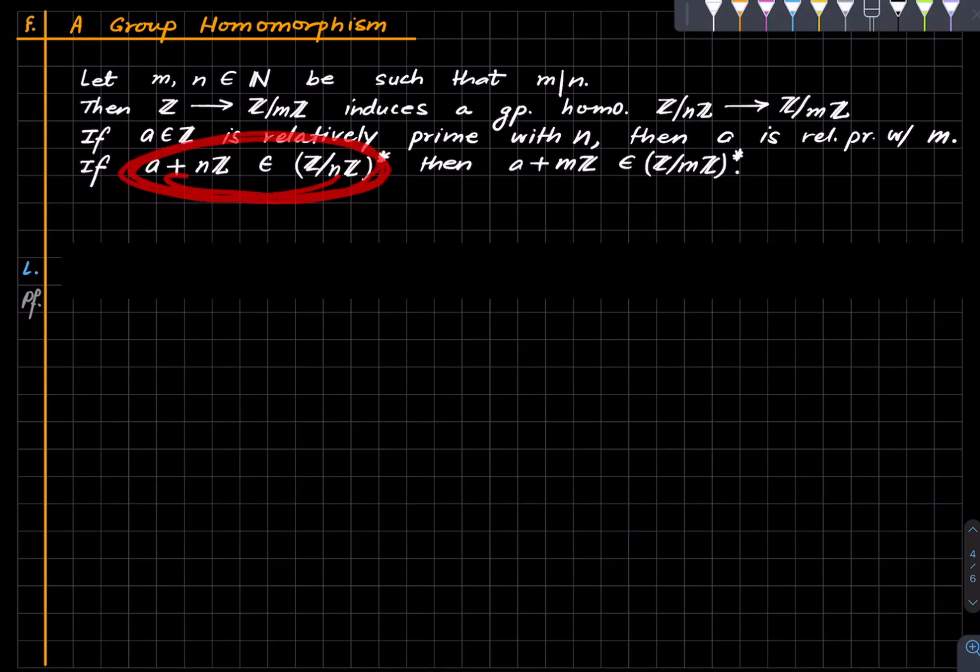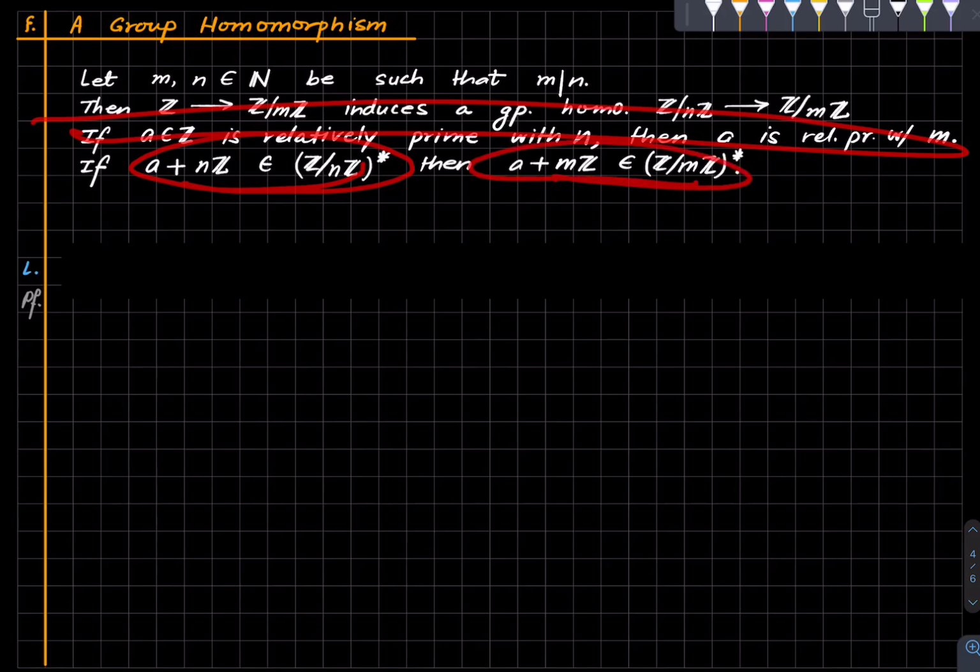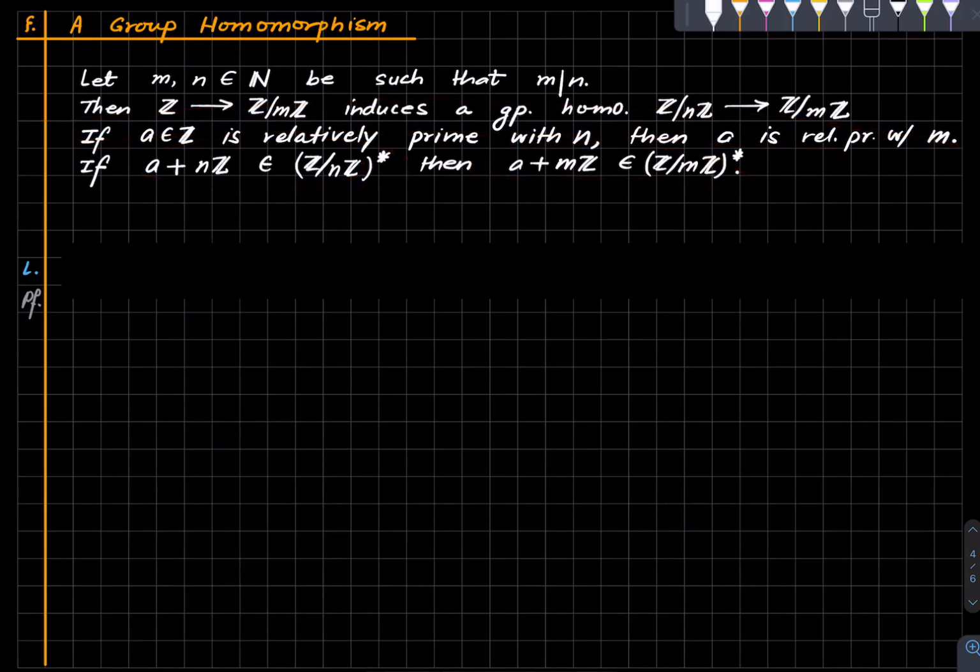Saying a plus nZ is in (Z mod nZ) star is exactly the same as saying that a is relatively prime to n, and by the previous line, this implies that. So thus we have a map, which I will denote by phi star, from (Z mod nZ) star to (Z mod mZ) star.